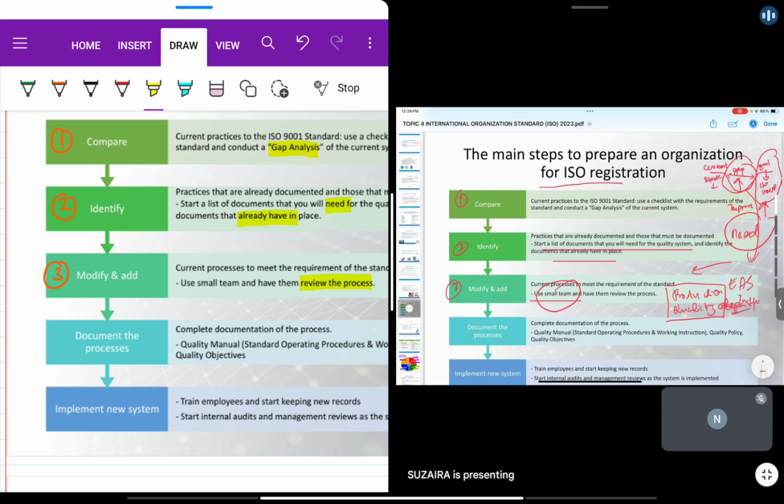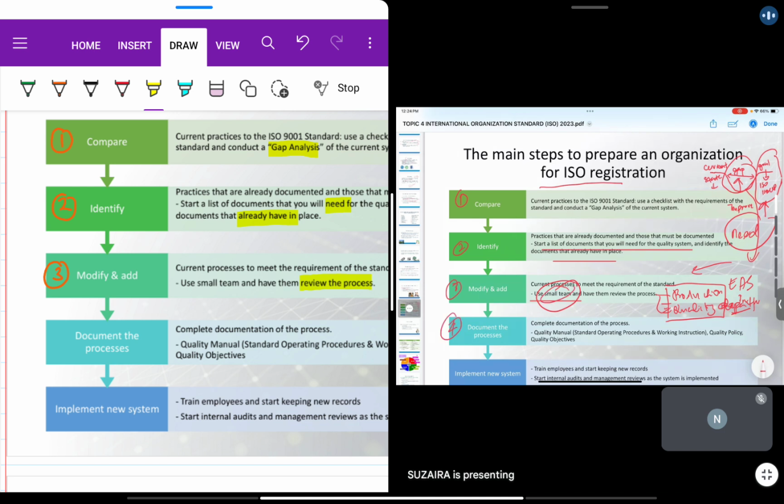This is because when you produce a product, you have a process, but at the same time, quality people will keep on putting pressure on whether you comply with the requirements or not. So both of these departments contribute a lot towards the documentation. So use a small team and have them review.